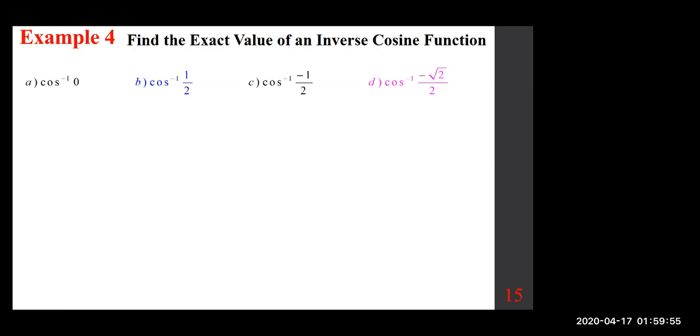What is cosine inverse of 0? We don't know. Let's say it's theta. What does it mean? Cosine theta is 0. So what is theta? Pi over 2. I hope you remember that.